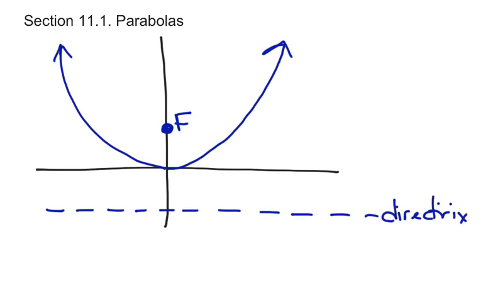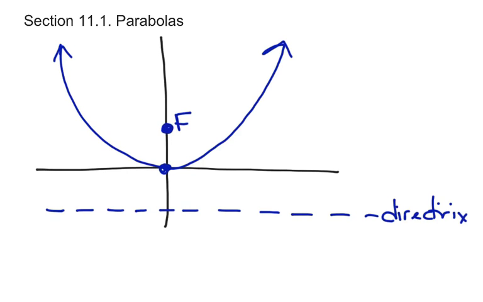That's kind of neat. So let's talk about parabolas whose vertex is at the origin. We'll talk about parabolas whose vertices are somewhere else in another section. To get used to the conic parabola, we're going to just put the vertex on the origin. It's going to make our lives a lot easier.